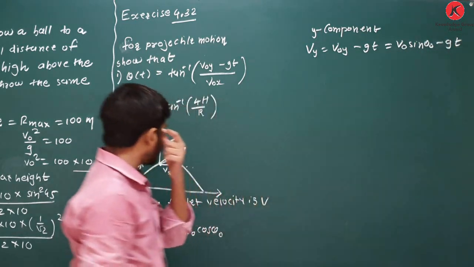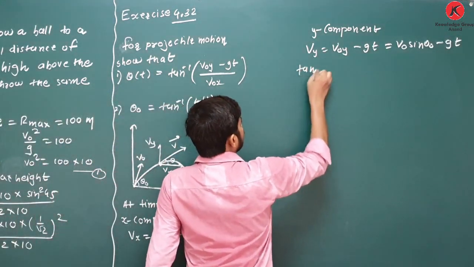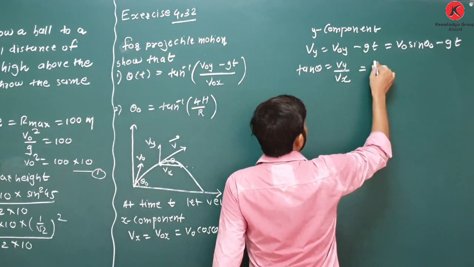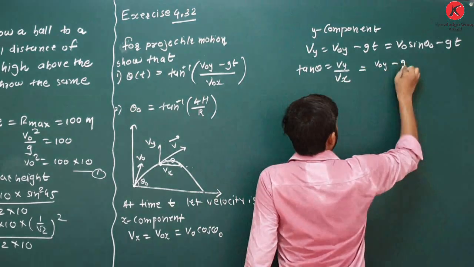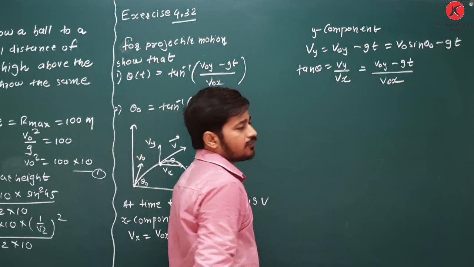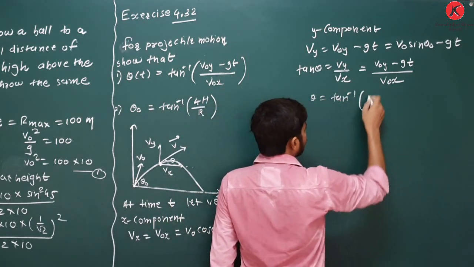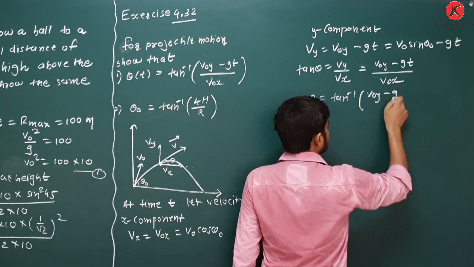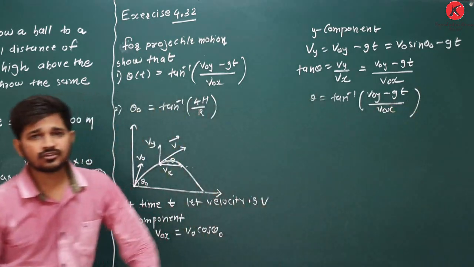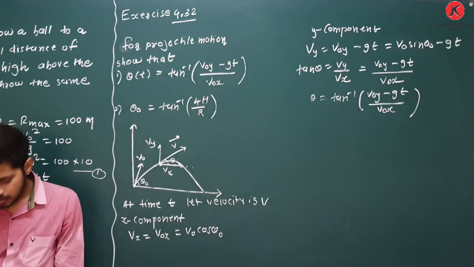So how to find the angle or direction? We know tan theta is equal to vy upon vx, where vy is v0y minus gt and vx is v0x. If you make theta the subject, then theta is equal to tan inverse of v0y minus gt upon v0x. Clear about this? Mathematical steps are there.